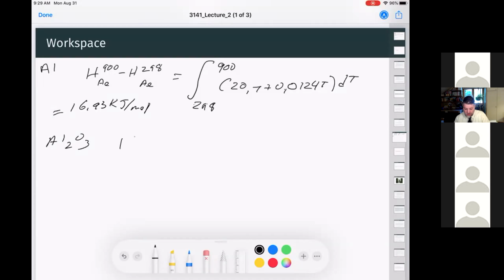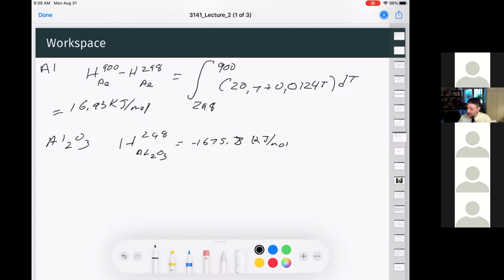So H of Al2O3 at 298 is equal to this value, which is also kilojoules per mole.